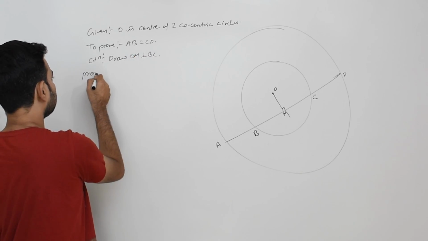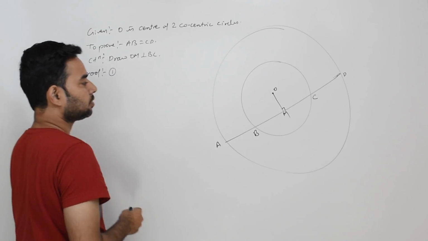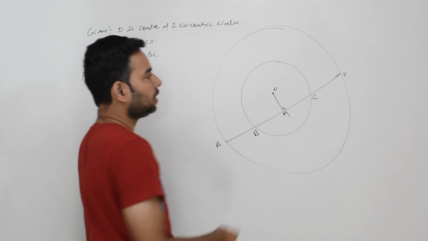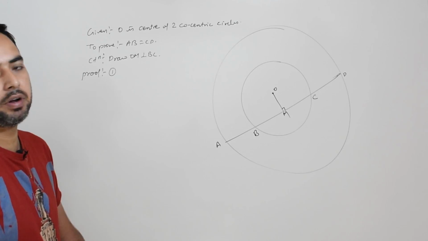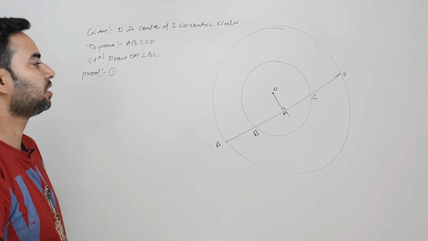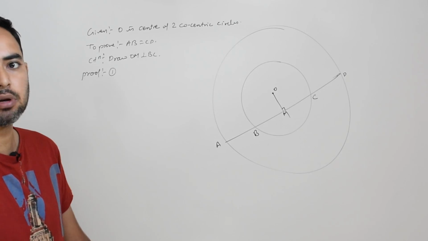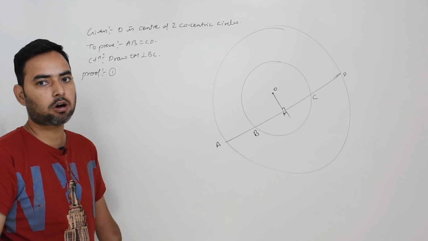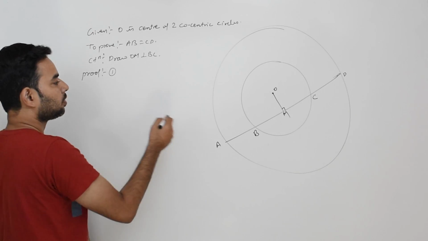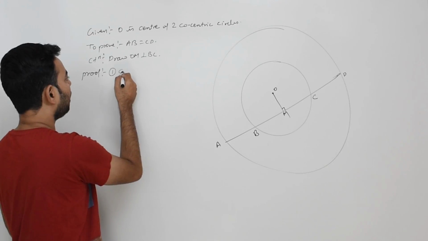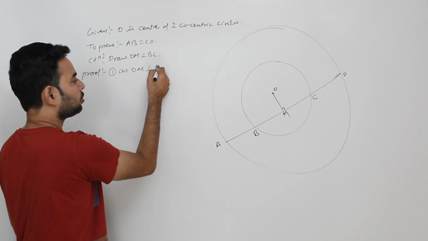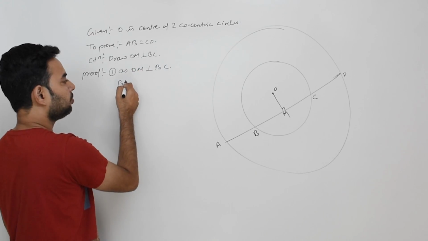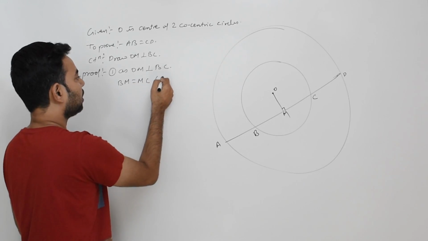Then the proof is, first point, if OM is perpendicular to BC, then it will divide BC into two equal parts, because a perpendicular from the center to the chord bisects the chord of a circle. Therefore, as OM is perpendicular to BC, BM equals MC.